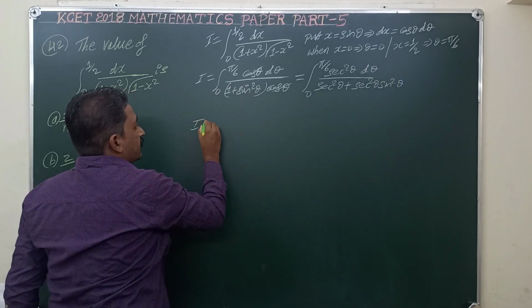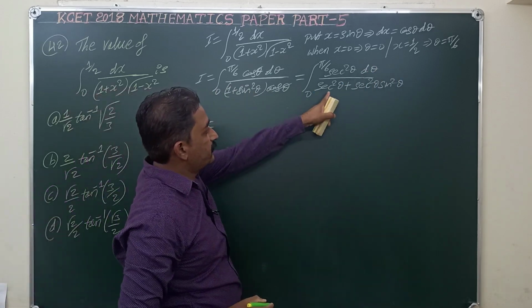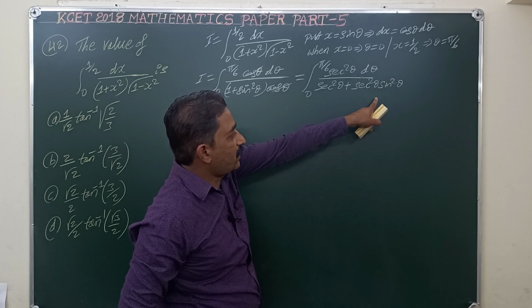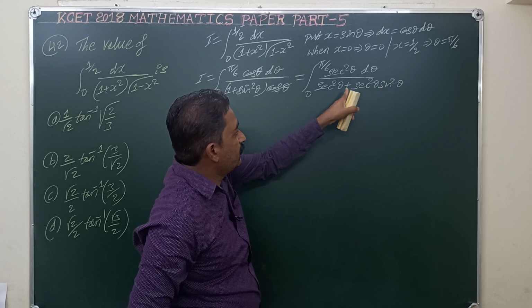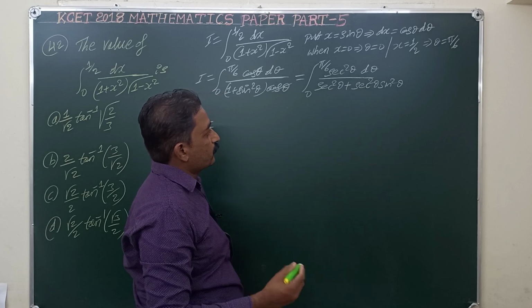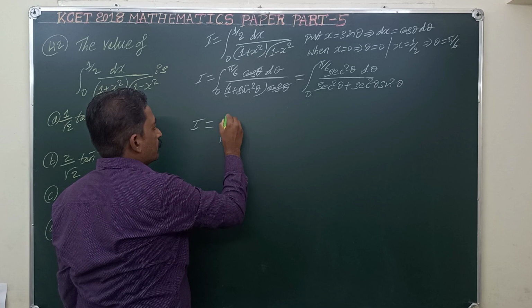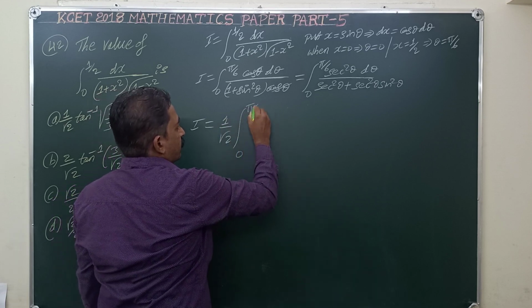So now I is equal to, here secant square theta is equal to 1 plus tan square theta, and sin square theta times secant square theta is nothing but tan square theta. So we get 1 plus tan square theta plus tan square theta, which is 1 plus 2 tan square theta. In this case we need root 2 because one formula is there.